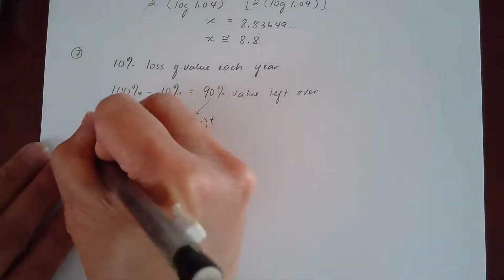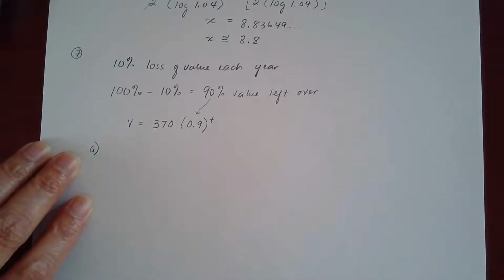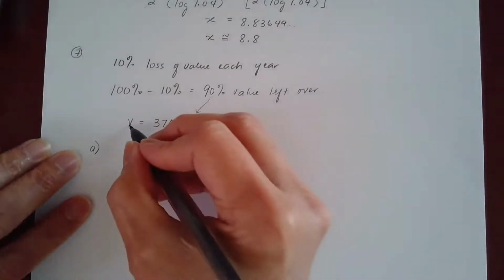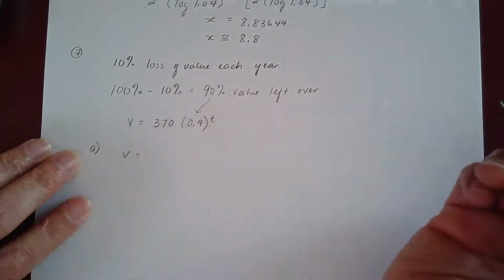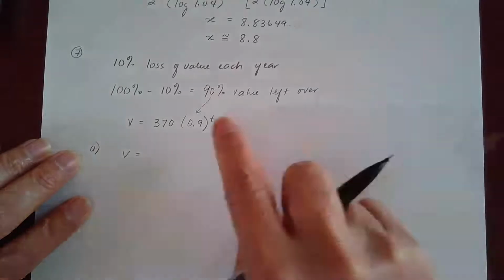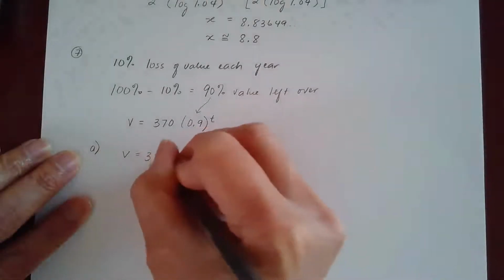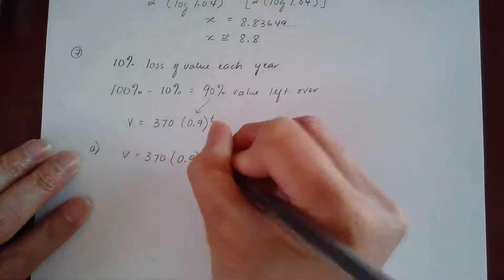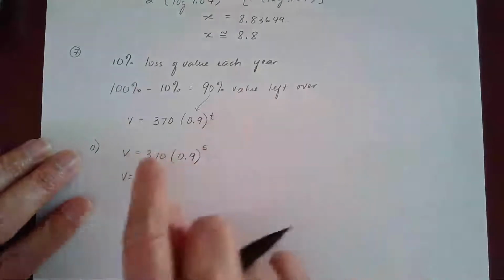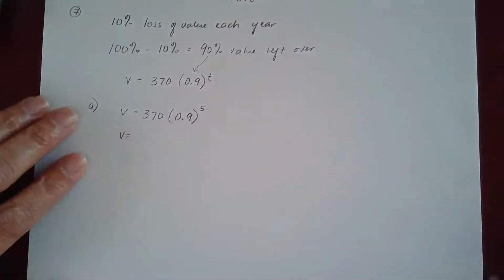So letter A, it says, what is the value of the combine when it's 5 years old? So we're looking for the V. What is the value of the combine when it's 5 years old? So 5 years old, they're giving us t for time. So V equals 370 times 0.9 to the exponent 5. And that's pretty straightforward.